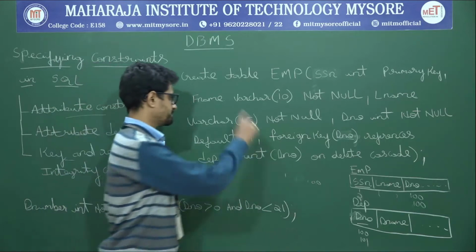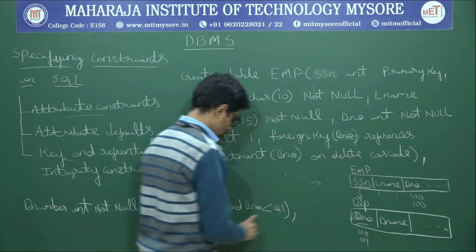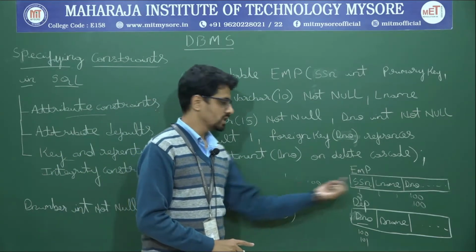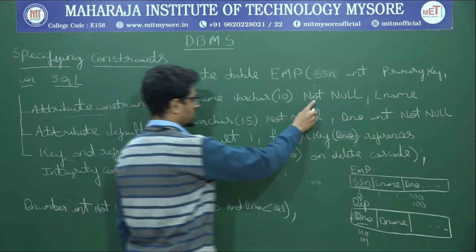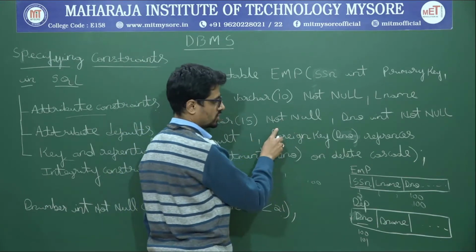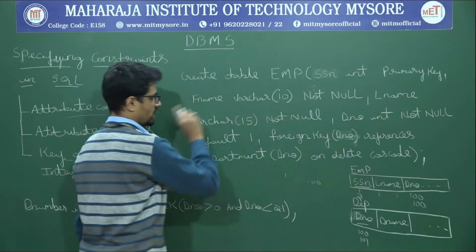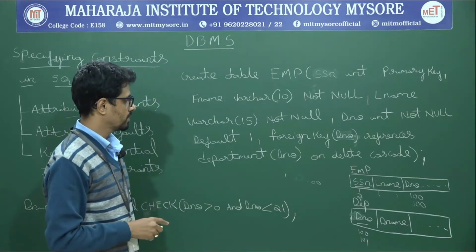So fname varchar of 10 not null, where I specify the constraint of not allowing empty values for the last name or first name. So first name is not null as well as last name is also not null. So both are given as not null. This is the constraint for lname and this is the constraint for fname, and this is the domain, nothing but the data type. Okay.